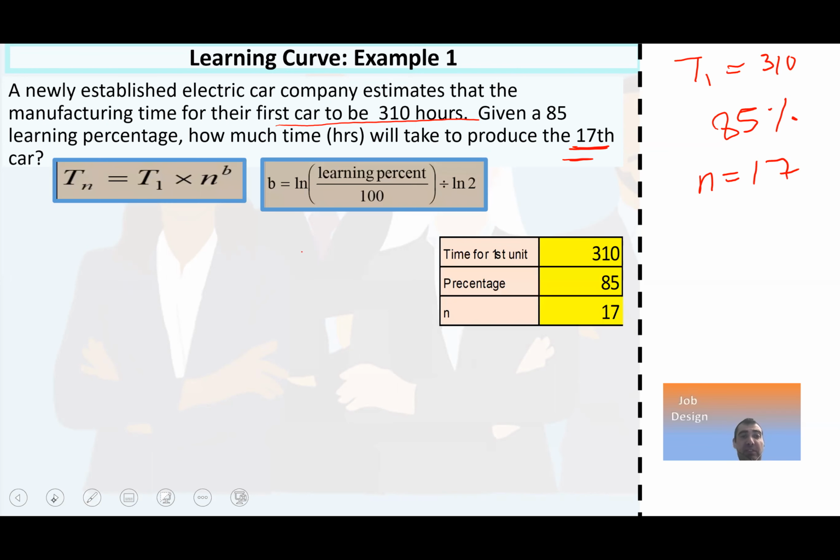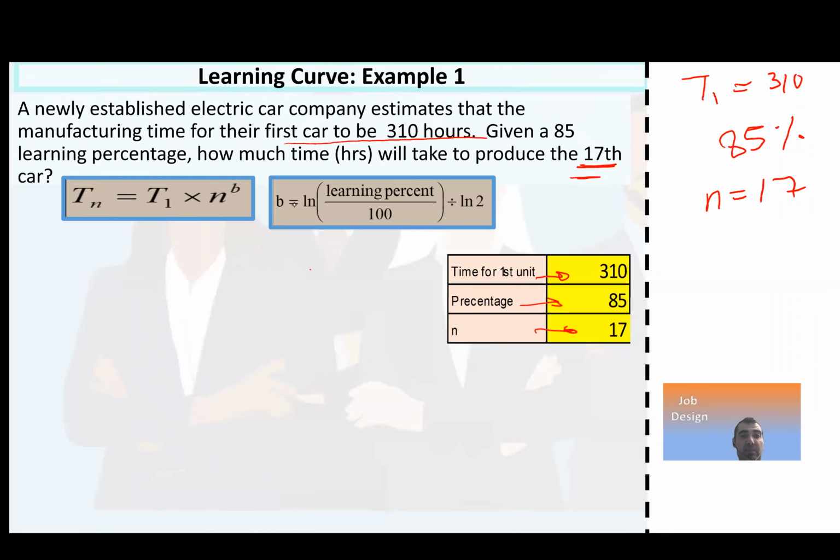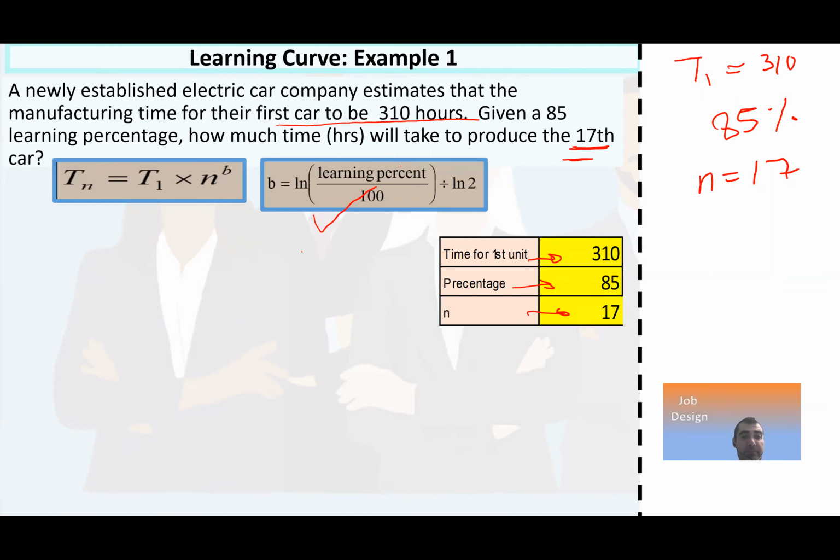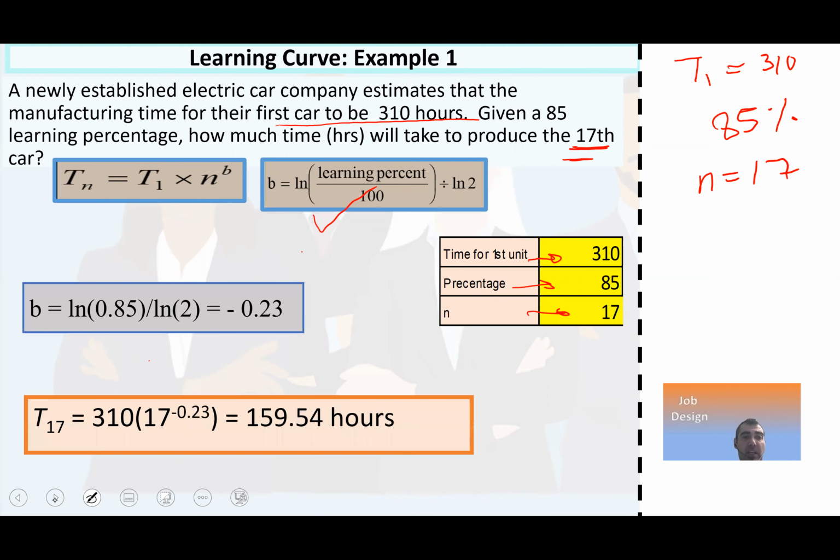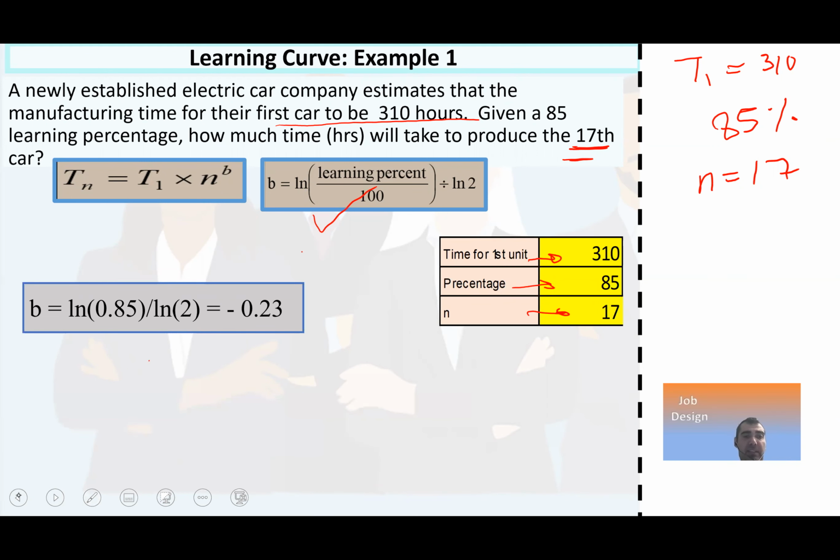Now we can use the equation. It's a really simple calculation. We know T1, we know the percentage, we know the number of cars. So we start by calculating b right here. b is basically ln of 0.85.